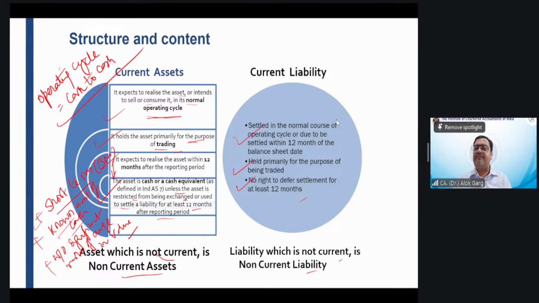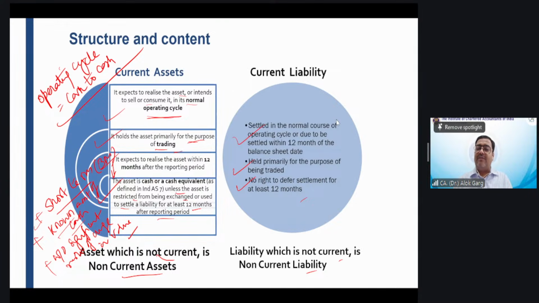The company believes that yes, the bank will agree to these terms and conditions and renew that loan as a non-current loan. The bank will increase the credit period of this loan. On 31st March 26, does this liability have to be shown as current or non-current? What is your view?